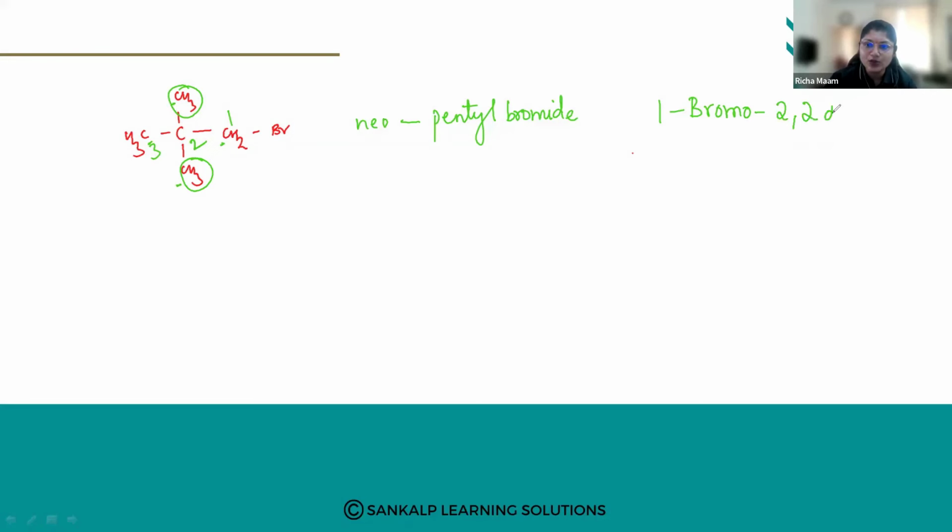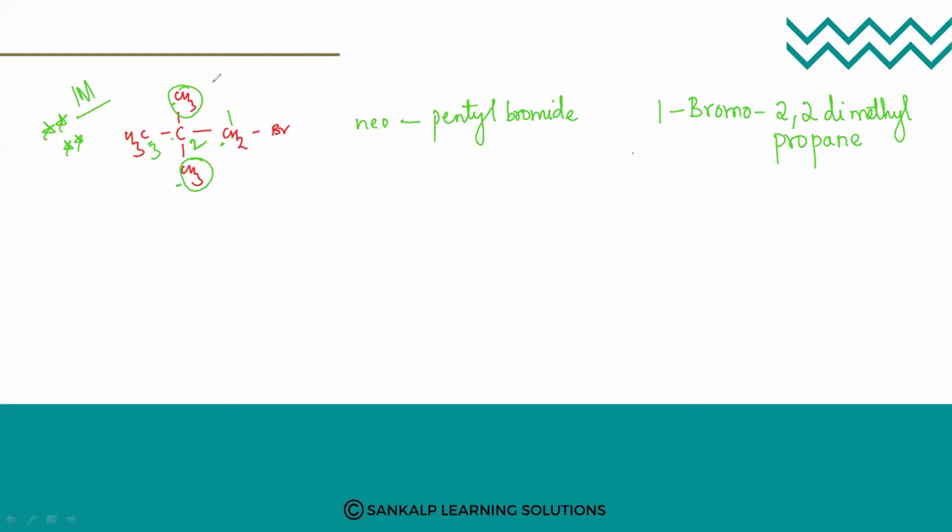So it is 2,2-dimethyl. Then the parent is 1, 2, 3, propane. So the parent chain is propane. This is very important. As I said, for 1 mark, it is asked: give the IUPAC name. So this is asked in the IUPAC system.